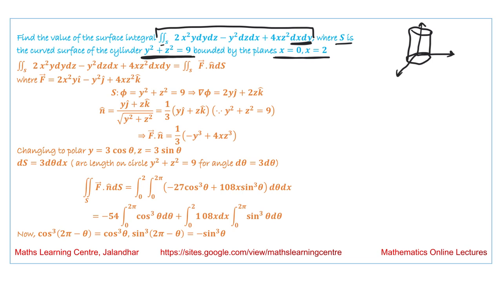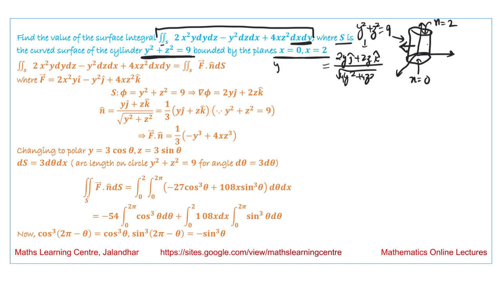It is bounded from below by the surface x is equal to 0. It is bounded from above by the surface x is equal to 2. And the equation of this surface is y square plus z square is equal to 9. So the normal at any point on this surface will be given by (2y j cap plus 2z k cap) divided by the square root of 4y square plus 4z square.